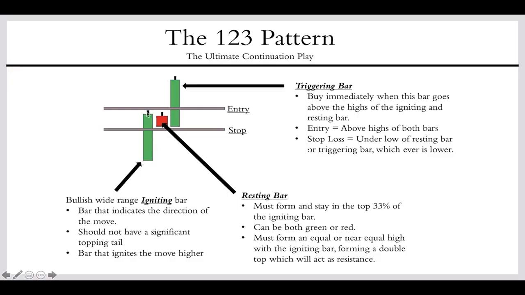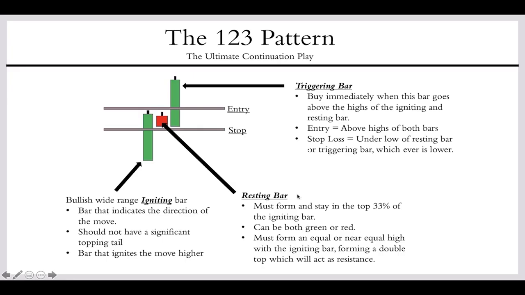You're not always going to see that. Sometimes the resting bar is a little larger. It's not a big deal if that's the case, but ideally, if we're just talking about the textbook version of this pattern, you want to have a resting bar that's in the top 33% of this igniting bar. You can see this one is in the top third of this bar.